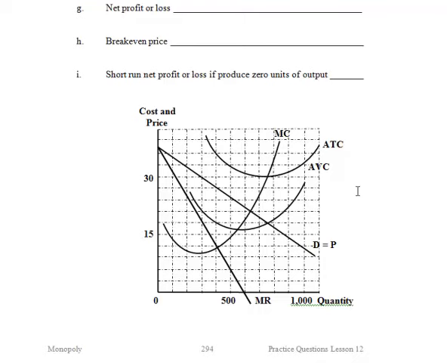Now, let's go back to this example for a moment. Here's my 400 units, going all the way up to my average total cost curve. What is the profit or loss per unit?